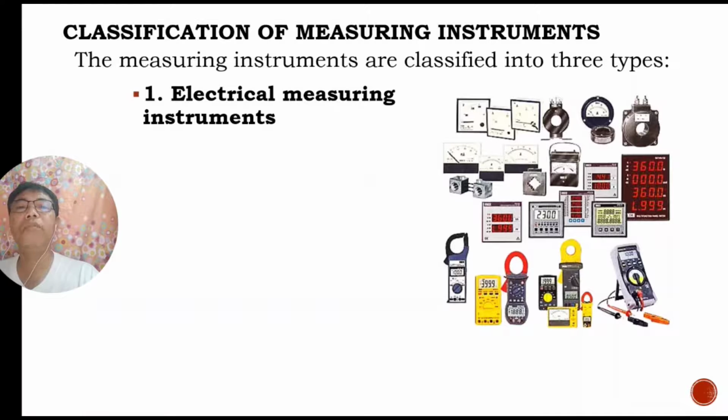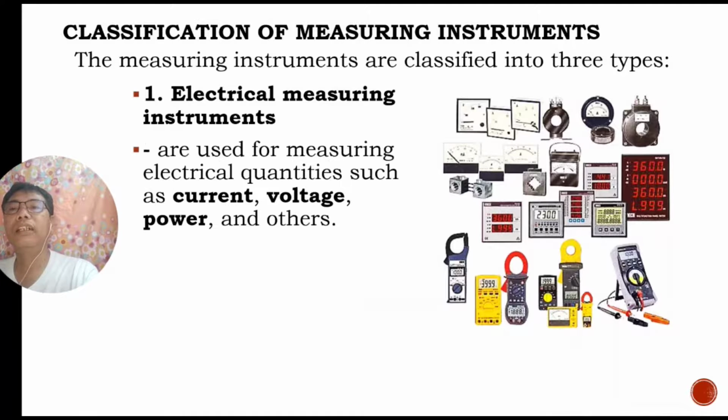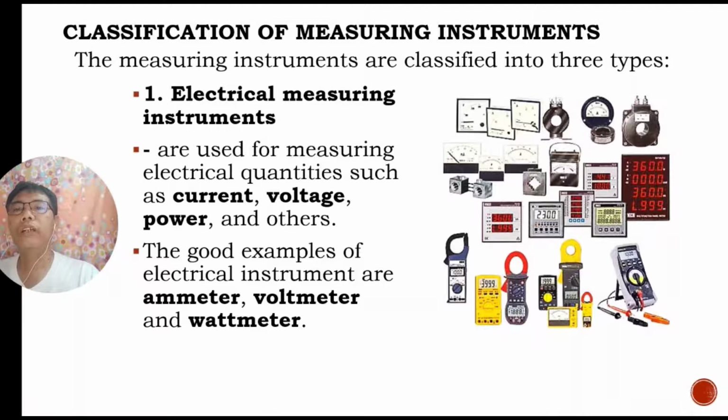There are a lot of measuring instruments for electrical. Okay, these are for measuring electrical quantities such as current, voltage, powers, and others. Now, good examples of electrical instruments are ammeter, voltmeter, and wattmeter.